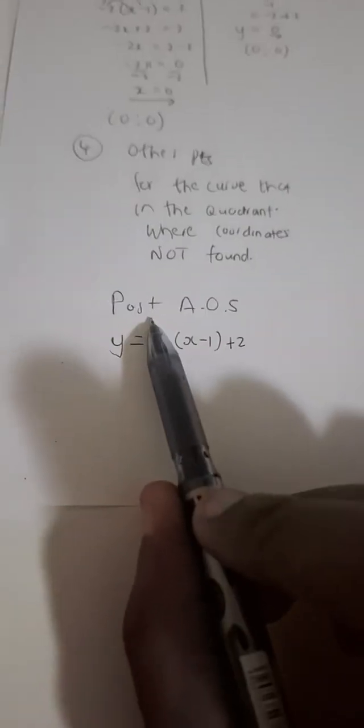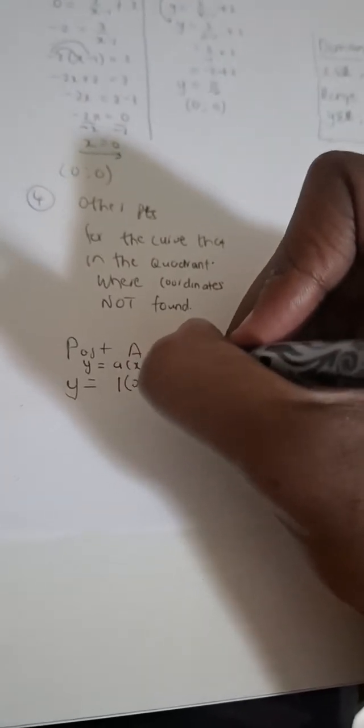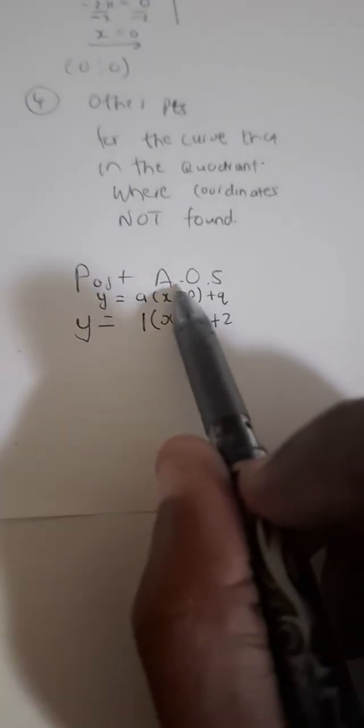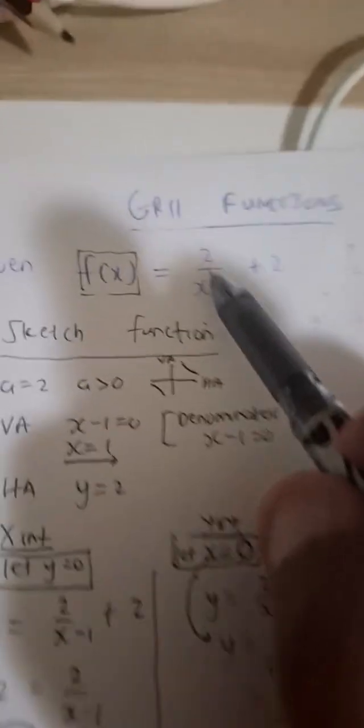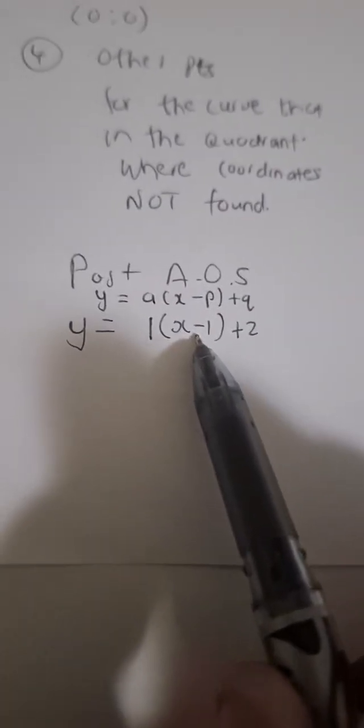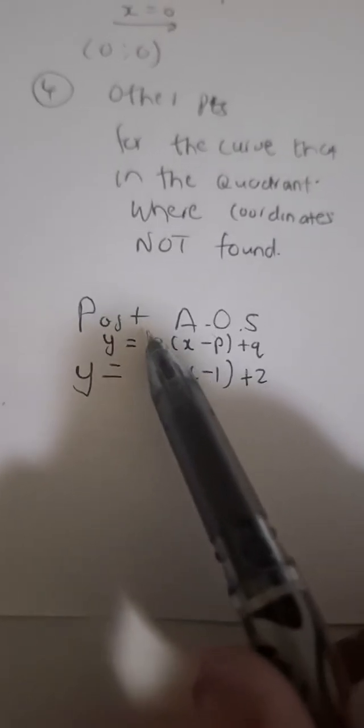Since it's the positive gradient axis of symmetry, we know that the gradient is going to be positive 1. So this is the form we are using: y is equal to a into x minus p plus q. Here you are substituting what's in the expression in the denominator. Here you write the gradient.